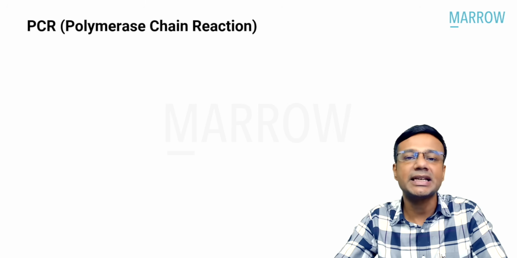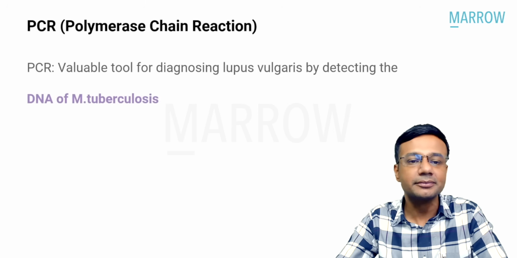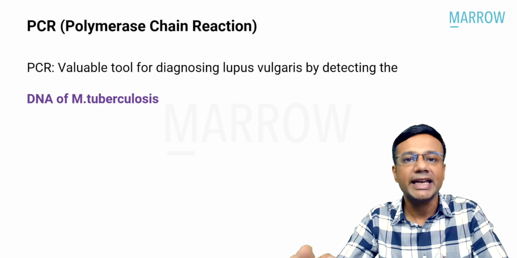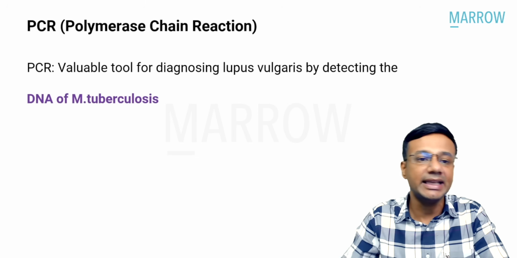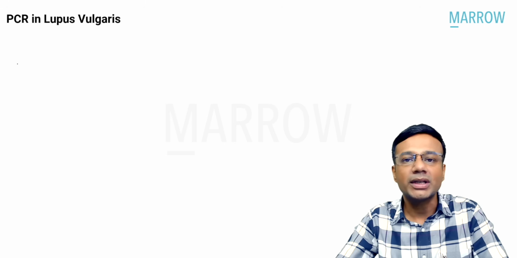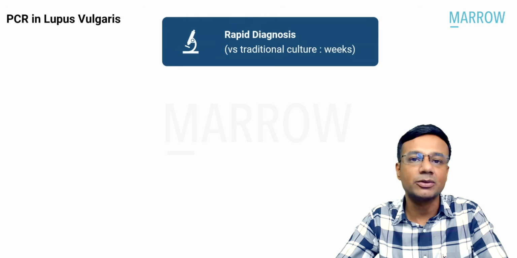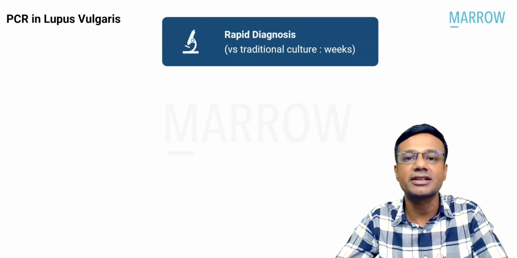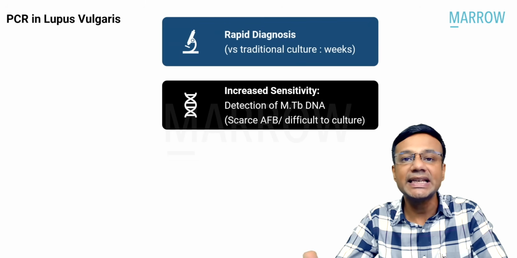Now let us see what is PCR, which is polymerase chain reaction. This is a valuable test in lupus vulgaris because it can detect the DNA of Mycobacterium tuberculosis. Now, what are the 3 important uses of PCR in lupus vulgaris? Number 1, rapid diagnosis. It's much faster than the traditional culture methods. Number 2, increased sensitivity.